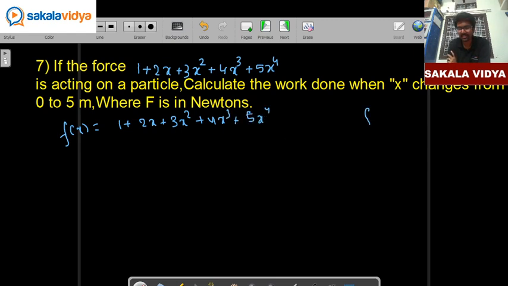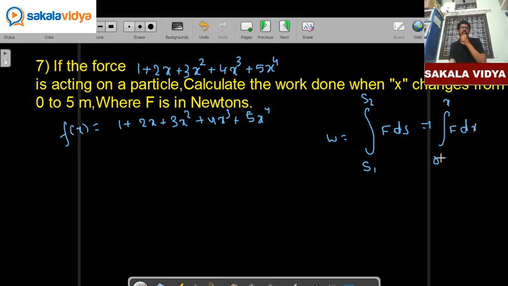In the last case we have seen work done is the integration, with upper limit and lower limit, of force times ds, or simply the integral from 0 to x of F dx. Upper limit or lower limit, anything can be applied here. If we do the integration using lower limit 0 and upper limit 5, we are going to get the answer.